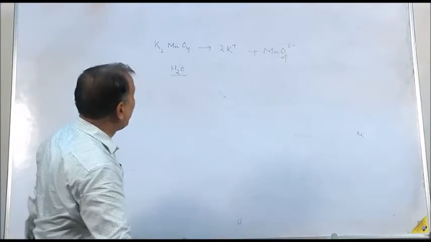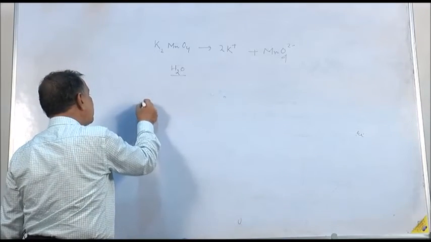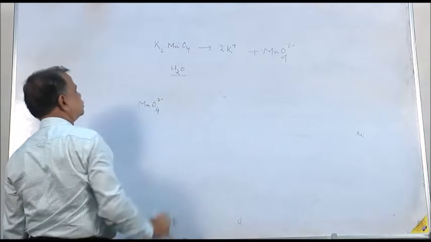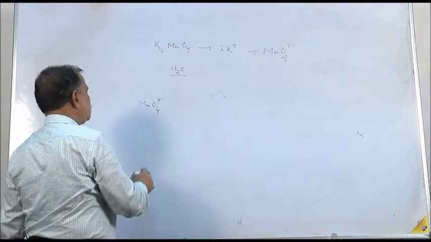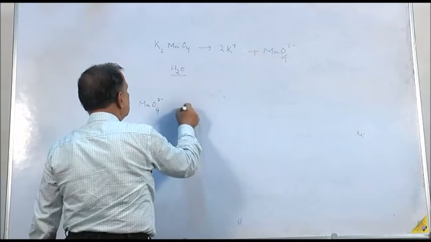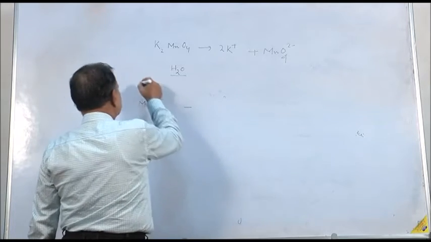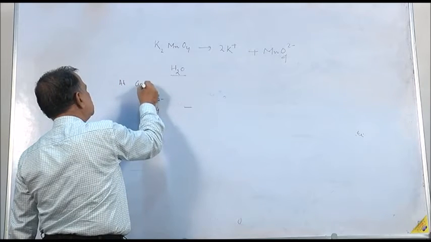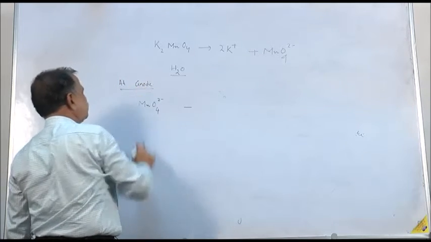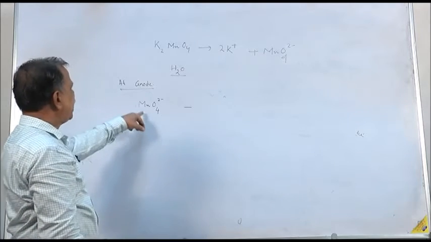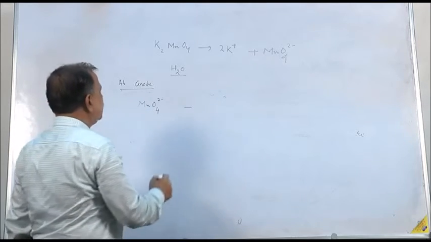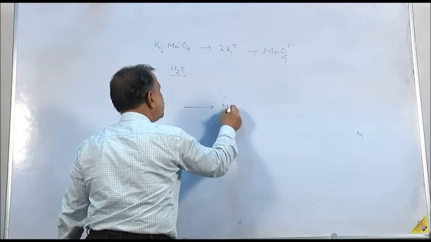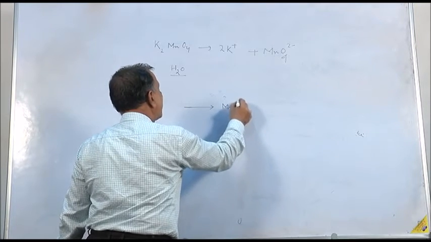This MnO4 2 minus at anode, oxidation takes place at anode. MnO4 2 minus changes to MnO4 minus.